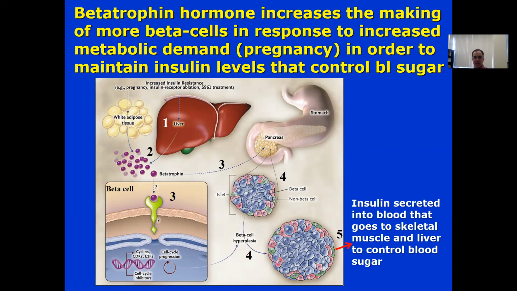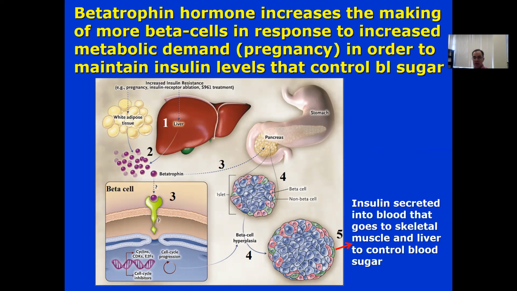Betatrophin is produced by the liver in response to pregnancy. And the idea behind it is that this betatrophin produced by the liver causes the pancreas to increase the number of beta cells that are produced.